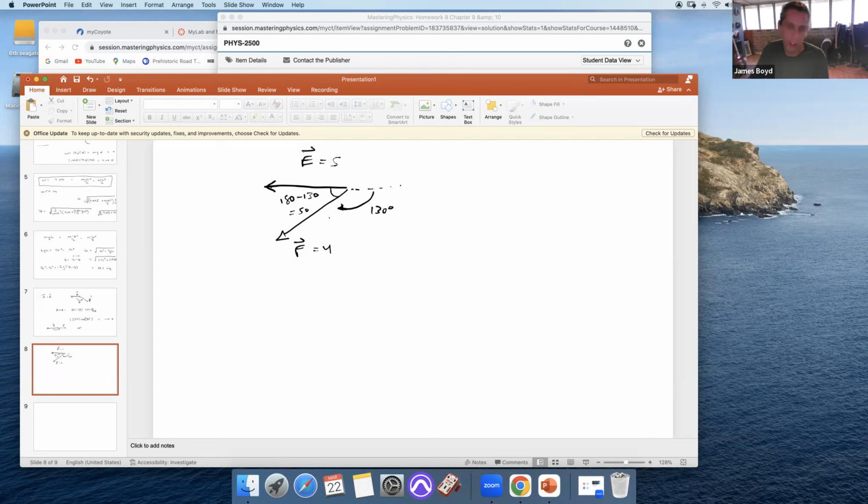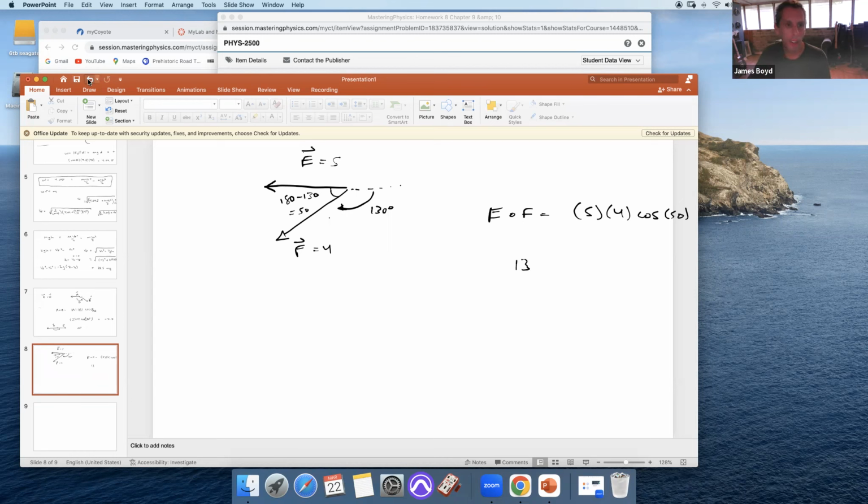Together, from positive x-axis to negative x-axis gives you 180 degrees. So E dot F is 5 times 4 times cosine of 50. We can already see that this is going to be in that direction, but 20 cosine of 50 is 12.8 or 13.